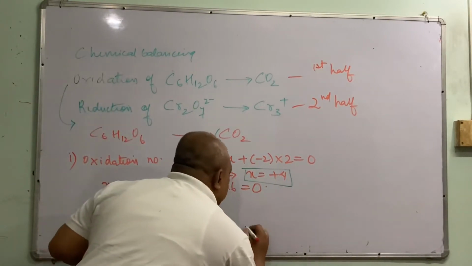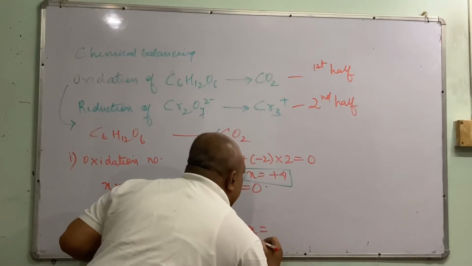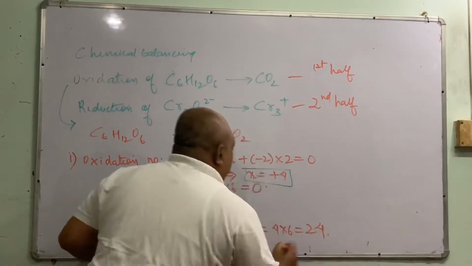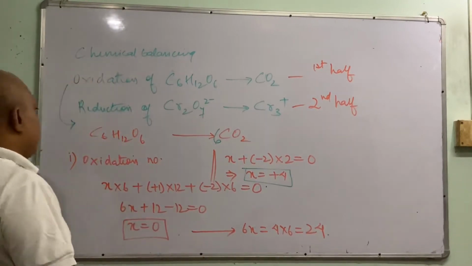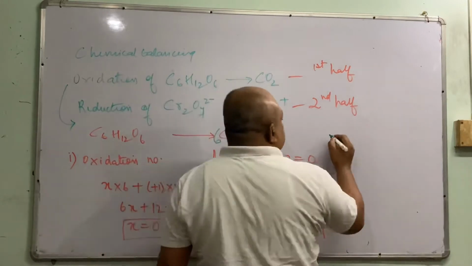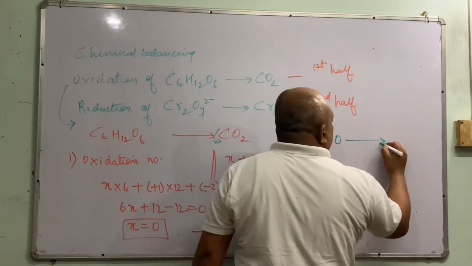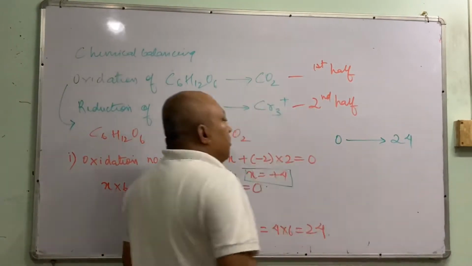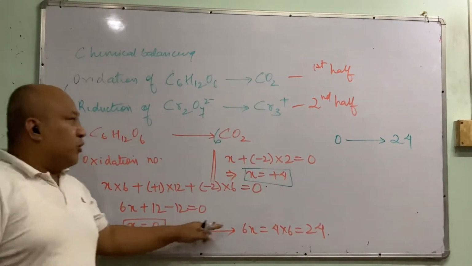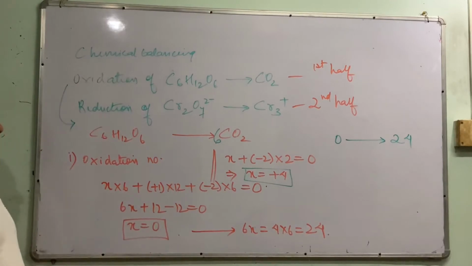Therefore 6x is equal to 4 into 6, which is 24. So in oxidation number, from the left side, 0 has gone to 24. First, oxidation number balance. So 0 is going to 24. You have to keep it in mind.